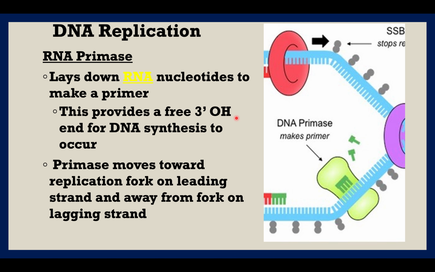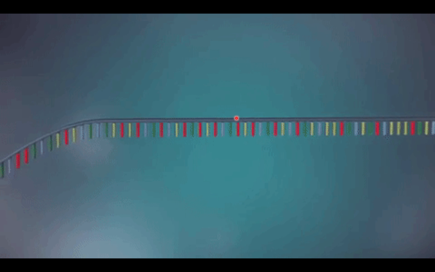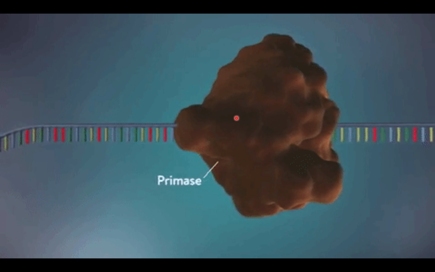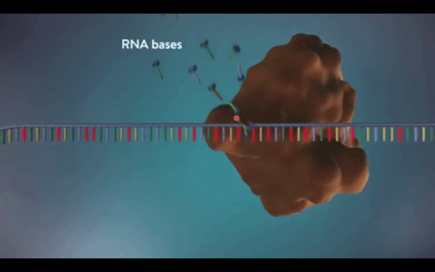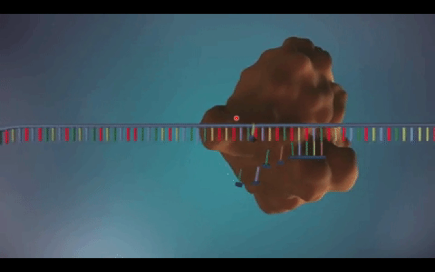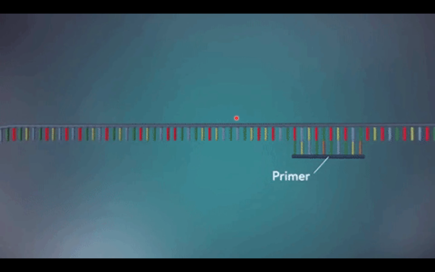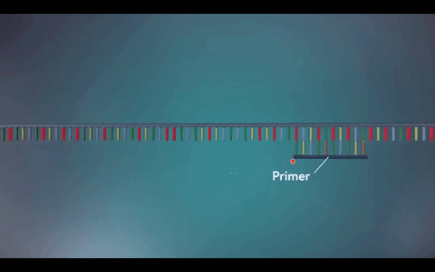Primase moves toward the replication fork on the leading strand and away from the fork on the lagging strand. We will see the movement of this in the next video. Here, that is the primase. There you have it. And then this leaves the 3' hydroxy here.